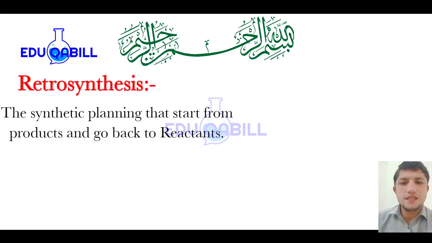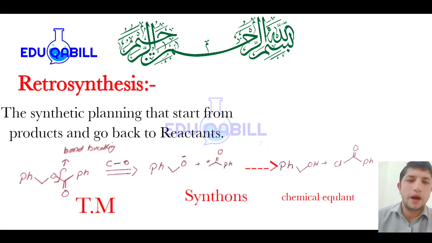Retrosynthesis is the synthetic planning that starts from the product and goes back to the reactant. You see the best example on your screen: the red curved arrow represents the breakdown of a bond. This is our targeted molecule, which is represented by TM.